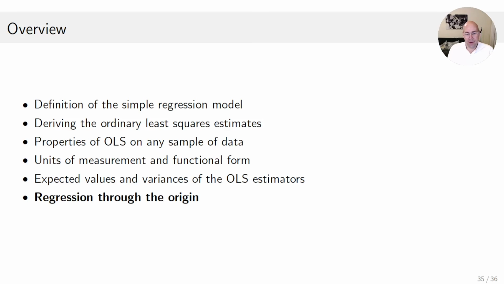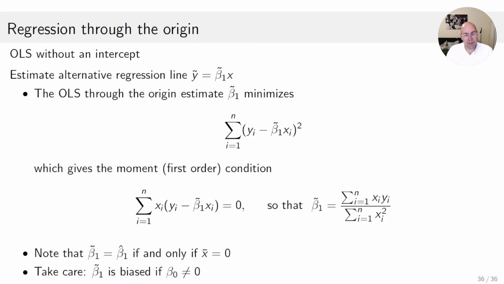Finally, what we've had up to now is the bivariate model, beta naught plus beta 1 x plus u. And this model had an intercept, right? So for x equal to 0, y in expectation had a value that was not 0. But sometimes, one can say, I know that it has to be 0 for whatever reason.